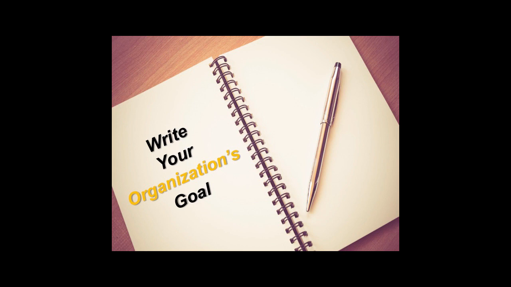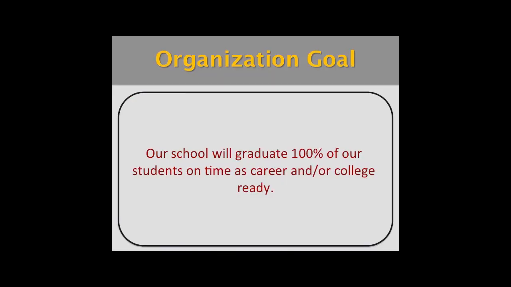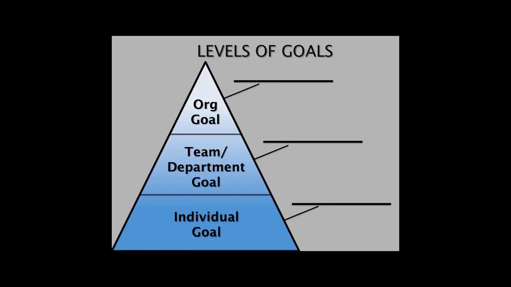Again, this is the broadest goal that you can have for your organization. In our case, the organizational goal is that our school will graduate 100% of our students on time as career and college ready. That's the broadest goal that we can derive from our mission. But there are levels of goals.